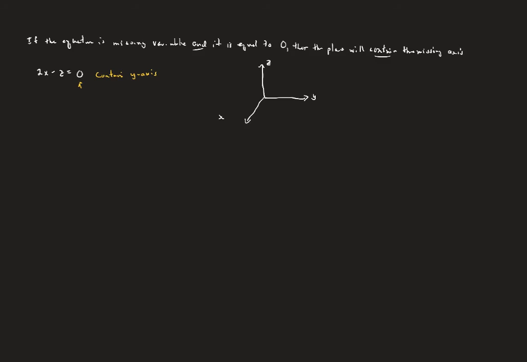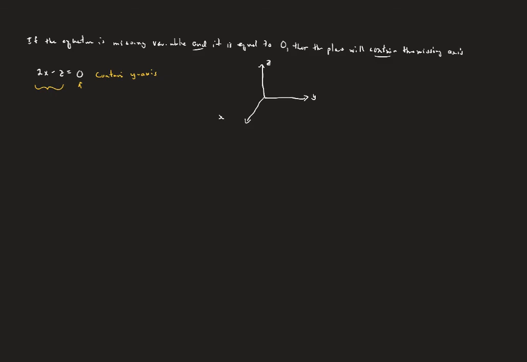Now, you may have learned that a plane is determined by a line and a point not on the line. So what we need to do here is come up with a choice of x and z that will make this equal to 0, because we're just looking for some point that is not on the y-axis. And I can't do the intercepts in this case.